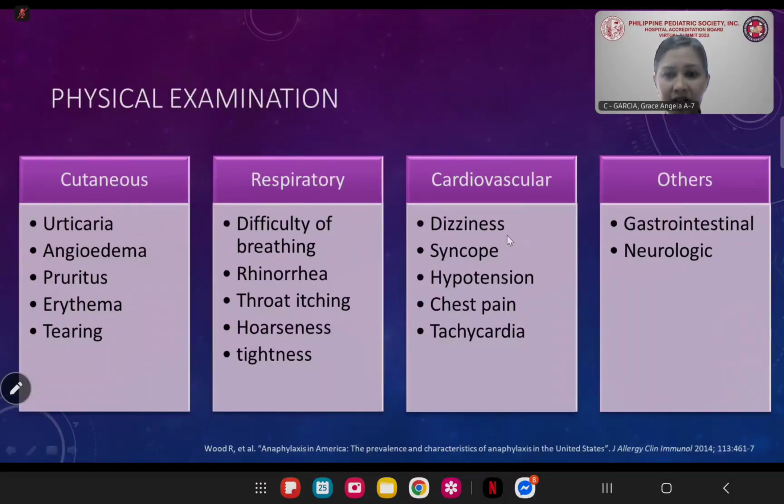For cardiovascular, they may have dizziness, syncope, hypotension, chest pain, or tachycardia. For GI, severe abdominal pain or intractable vomiting. And for neuro, some would also have seizures, but these two are less likely.